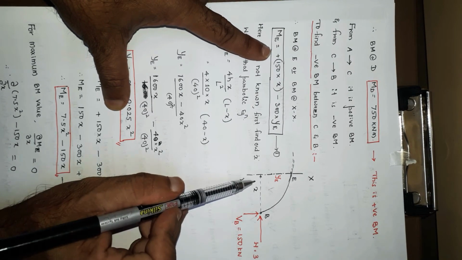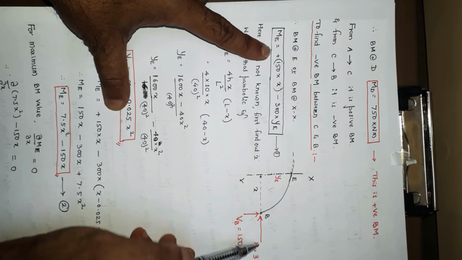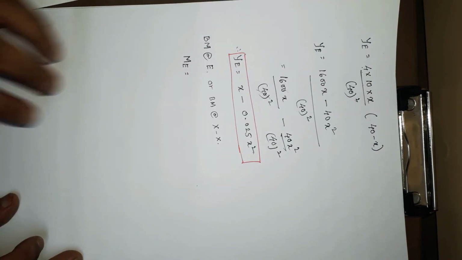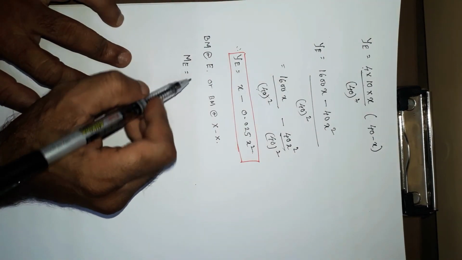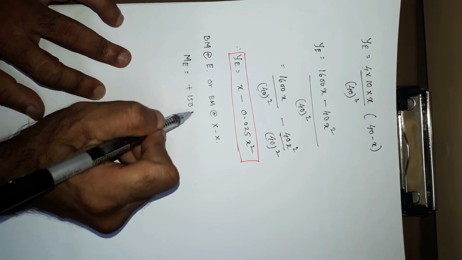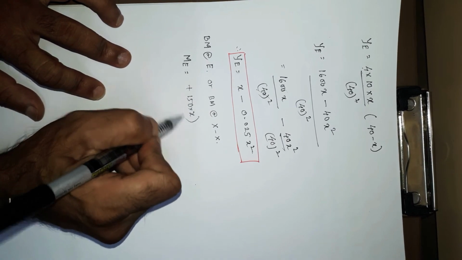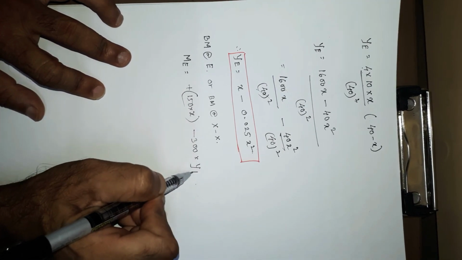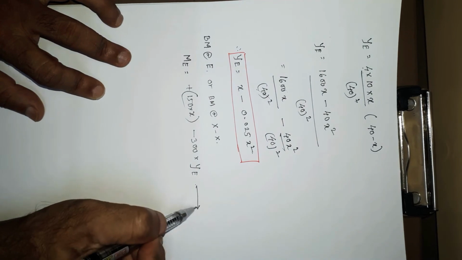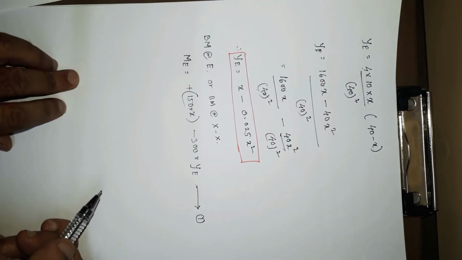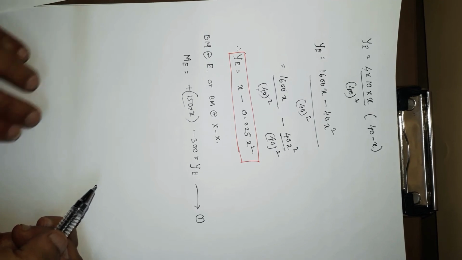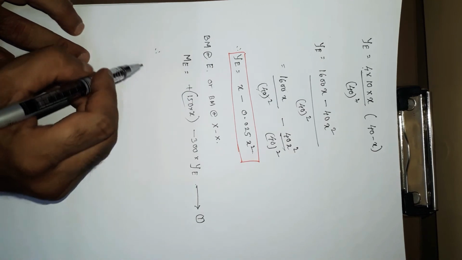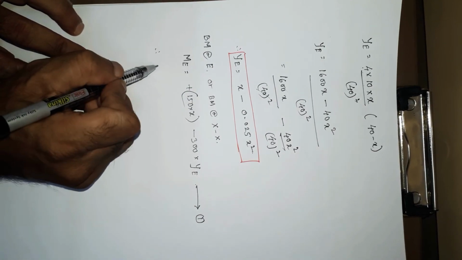So plus 150 into X, then minus 300 into YE. So bending moment at E is equal to plus 150 into X minus 300 into YE. Write this as equation 1.